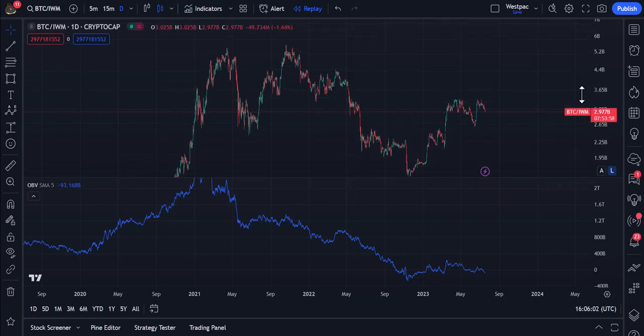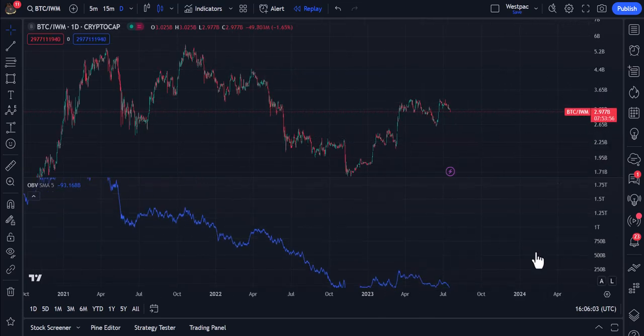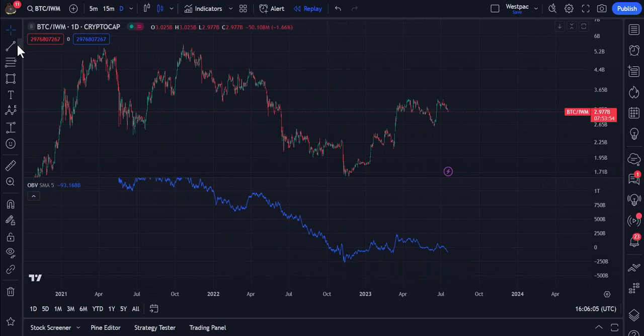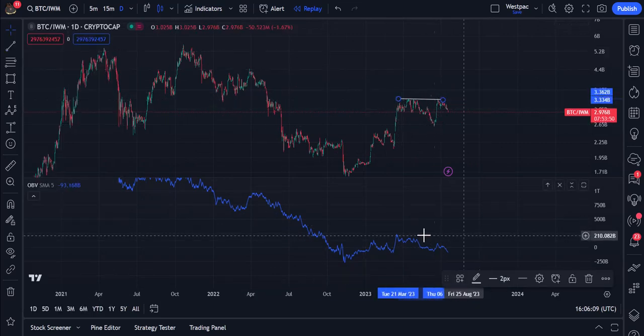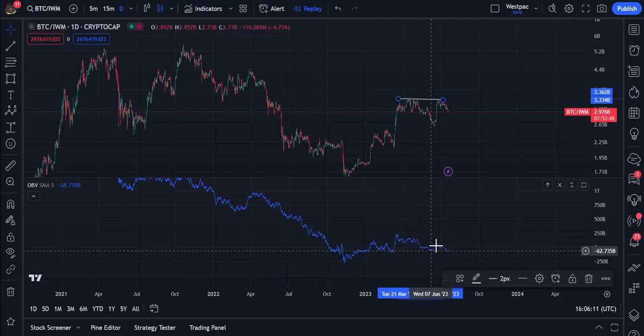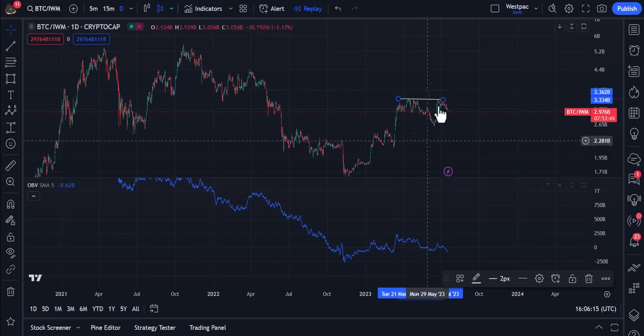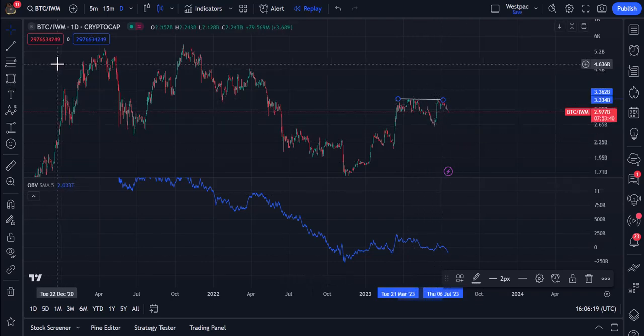And as you can see where we are right now, we have massive divergence in the volume compared to the double top. We have a double top in price action, we have massive divergence, lowering volume on here. It's already making new lows before we get down, indicating that Bitcoin is about to underperform against the Russell 2000.